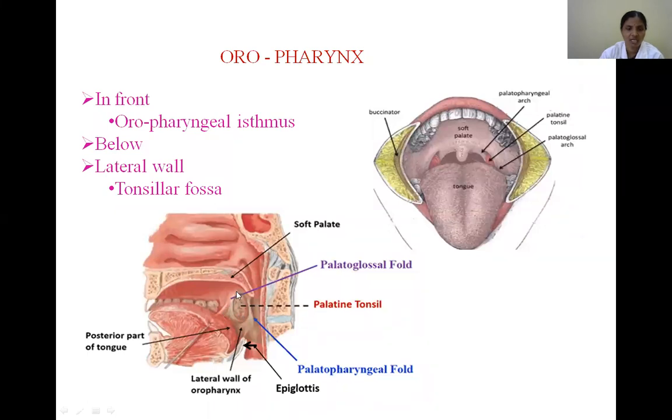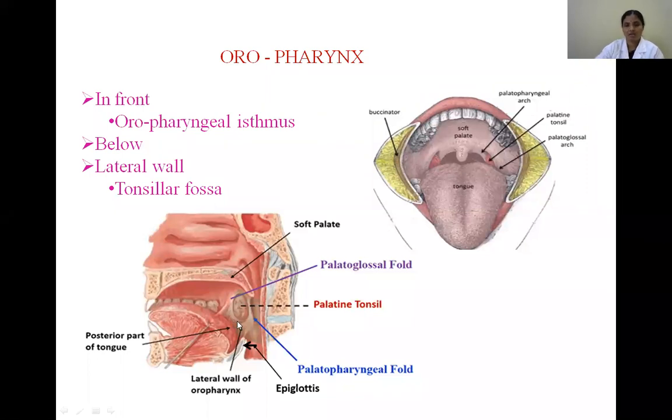Here you see, in front of that depression there is an elevation produced by the palatoglossal arch, formed by the mucosa, and beneath that there is a muscle, palatoglossus. Posterior to this fossa, one more arch or fold is there, the palatopharyngeal arch containing the palatopharyngeus muscle. In between there is a depression occupied by the palatine tonsil.